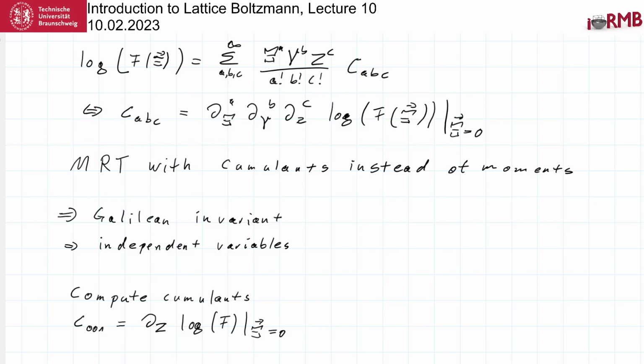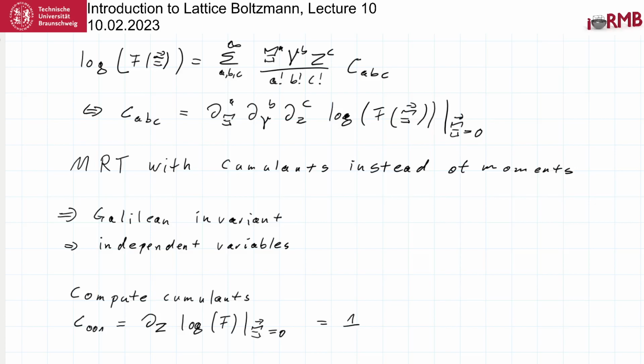From the chain rule, we actually get a way to compute any cumulant, yeah? Because we apply the chain rule to the logarithm. We have the inner and the outer derivative.